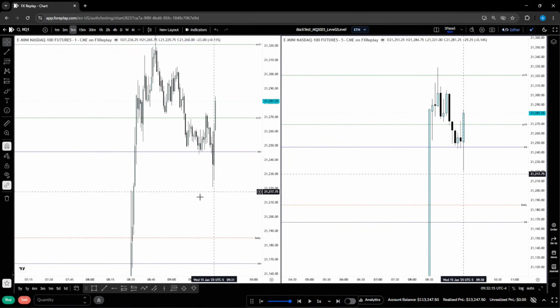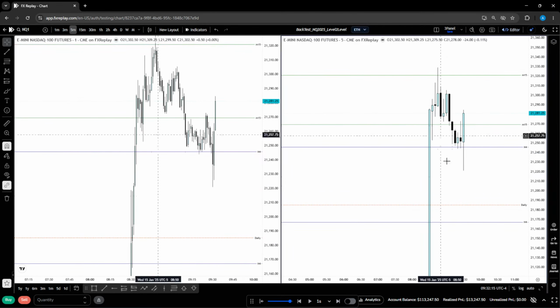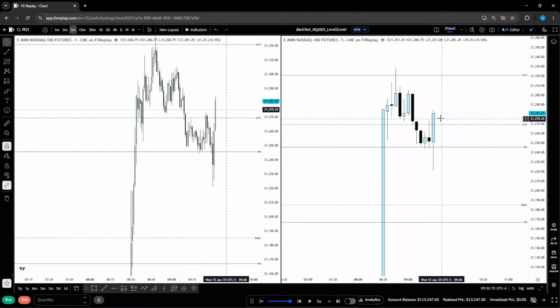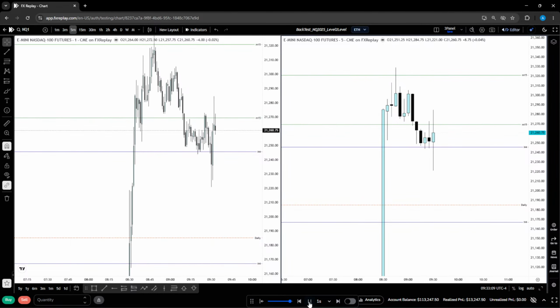All right, so we just took the low. And we rejected the first couple of minutes, so we're going to let it form at least a couple of 5-minute candles.